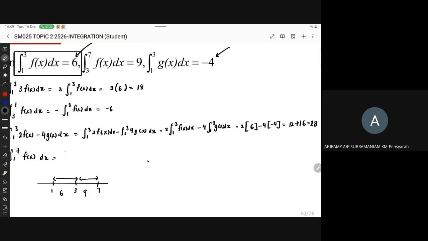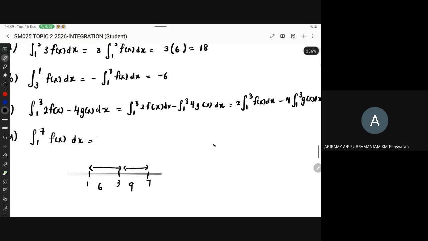So to find 1 to 7, we are going to separate this as the integral from 1 to 3 plus the integral from 3 to 7 of f(x) dx. Okay.